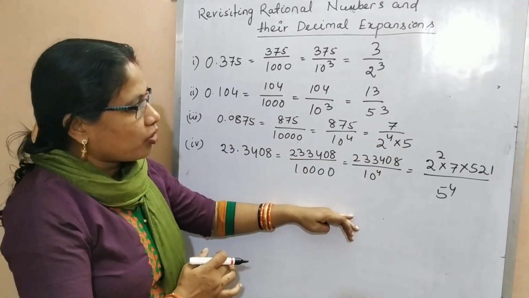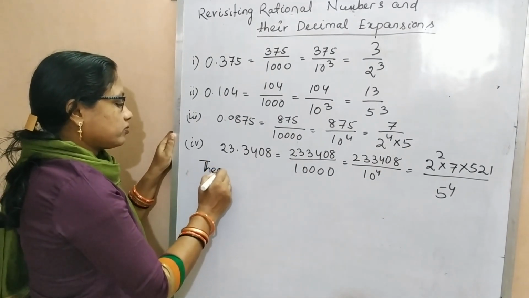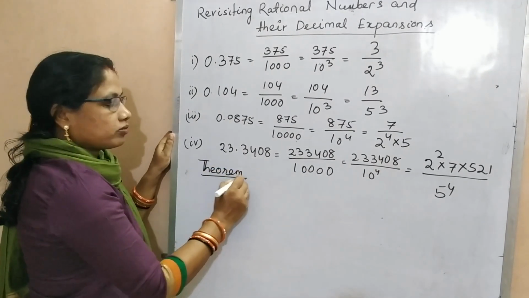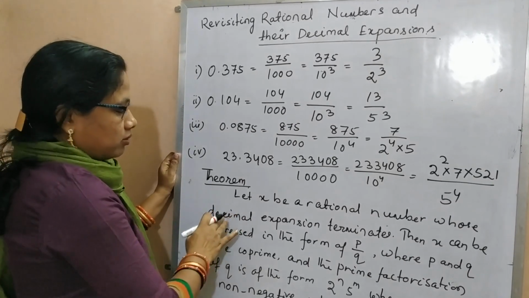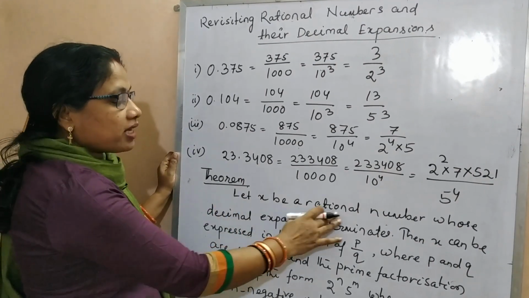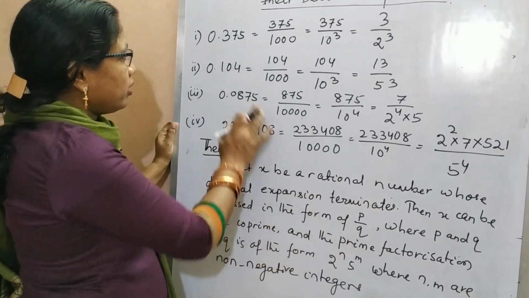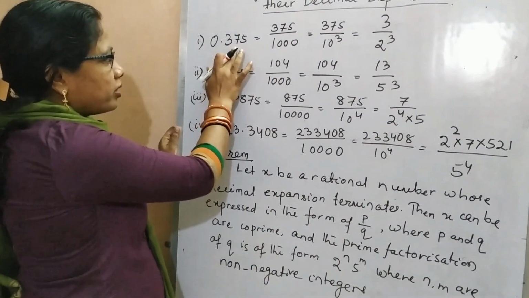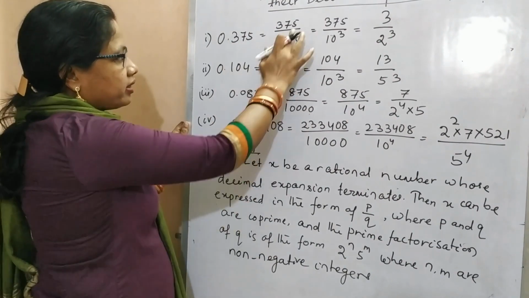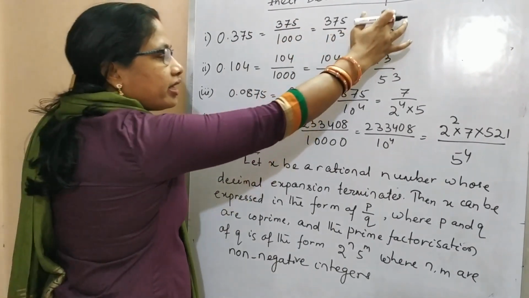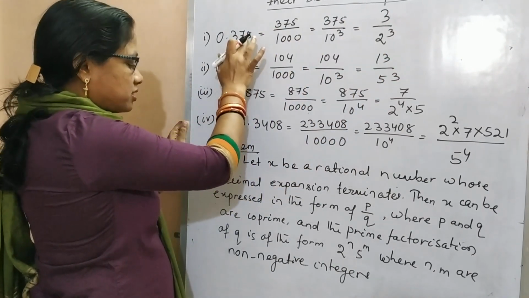So there is a theorem like this. Let x be a rational number whose decimal expansion terminates. Here I have taken for example 0.375, which is a terminating decimal number, and 375 by 1000 or 3 by 2 to the power 3 is the rational expression of this terminating decimal number.